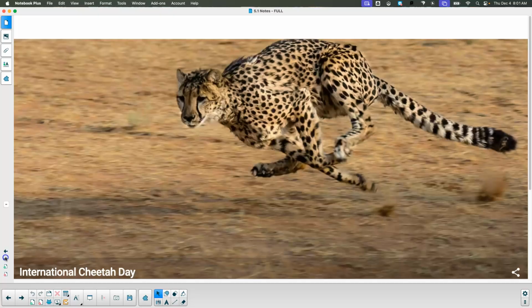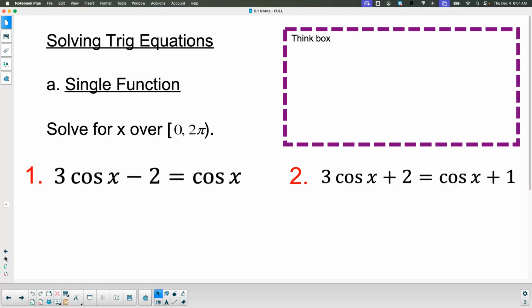Okay. So today we're going to have an equation, which is different than what we've had so far. So far, we've had expressions, no equal sign. That's how you know if it's a solve or a simplify. If there's an equal sign, you are solving it.